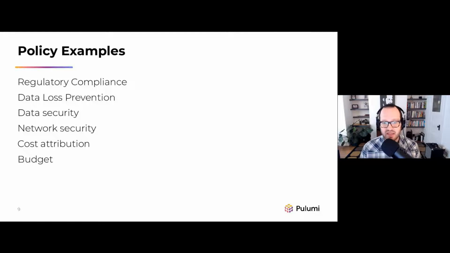So this EC2 instance belongs to the accounting department, and this S3 bucket belongs to our analytics team, things like that. And likewise, we might want to have budget controls. So we might want to ensure that in dev environments, we're not spinning up really heavy EC2 instances and that we only allow that in our production environment.